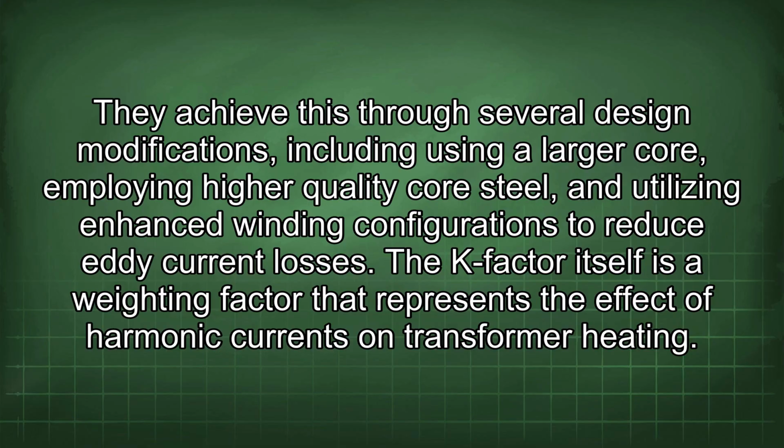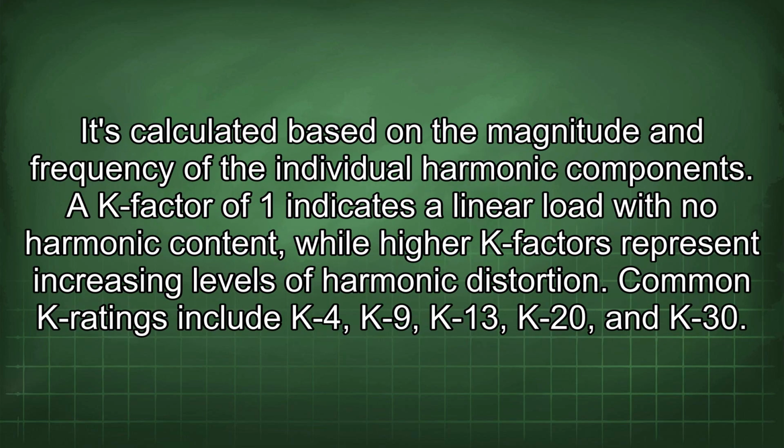The K factor itself is a weighting factor that represents the effect of harmonic currents on transformer heating. It's calculated based on the magnitude and frequency of the individual harmonic components. A K factor of 1 indicates a linear load with no harmonic content, while higher K factors represent increasing levels of harmonic distortion.